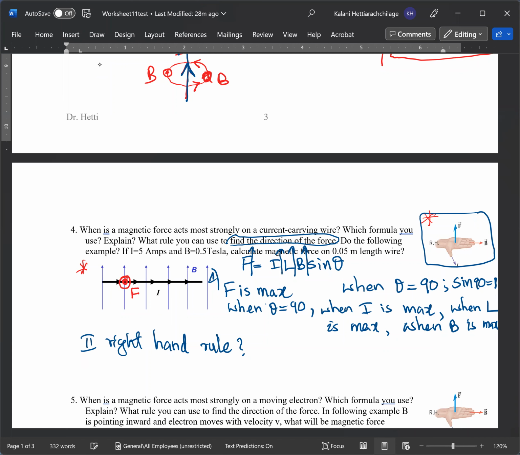You're going to do it yourself. As we discussed in your lecture part, those fingers will be the direction of the magnetic field, B direction, and the thumb of your right hand, this is my right hand, not the left hand, will be the direction of the current, and then your palm is going to open to the magnetic force. Those are the three directions that you can show from your right hand.